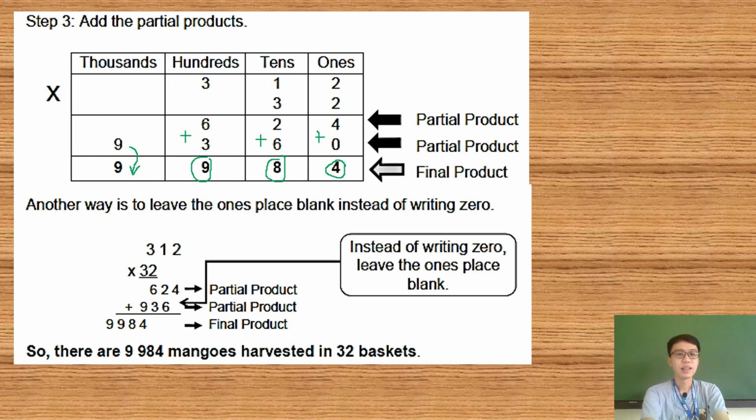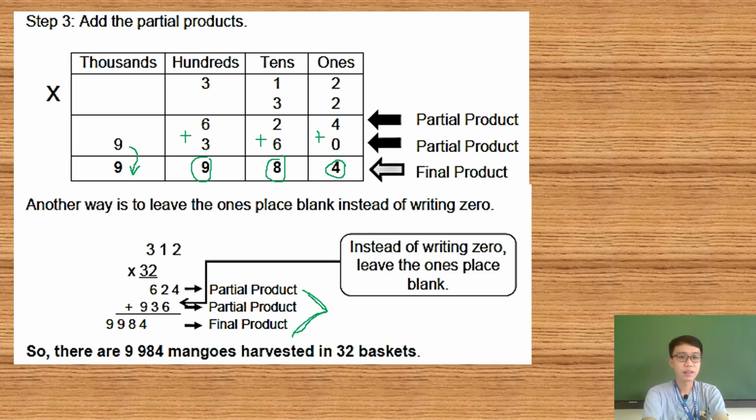Okay. Another way is to leave the ones place blank instead of writing 0. So, these are the partial products. Instead of writing 0, leave the ones place blank. Then we already added the partial products.